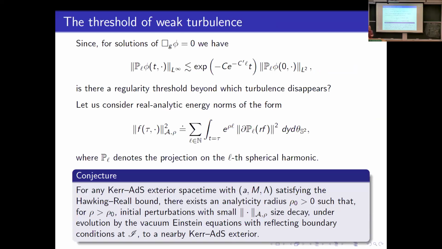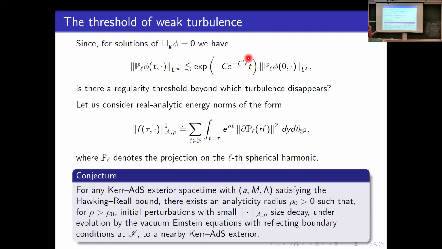But then what about all those stability results that we talked about? Well, as I mentioned before, if you look at the linear wave equation, each angular frequency decays exponentially fast in time, albeit with a rate which also decays exponentially fast in the frequency.